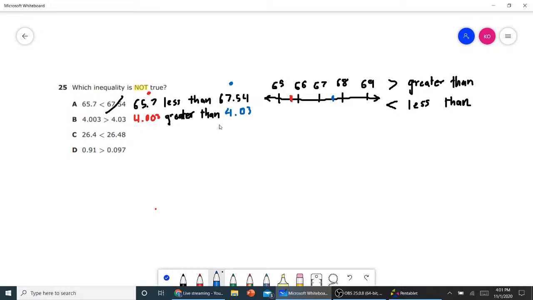And another way to say these numbers, this is 4 and 3,000th, and this is 4 and 300th. But just for the video again, I'm just going to say 0.03 and 0.003.